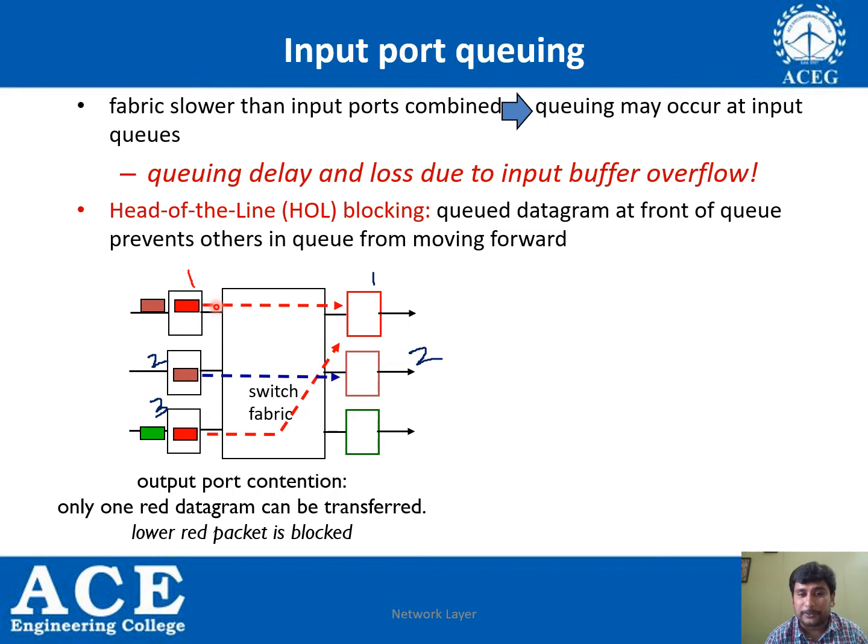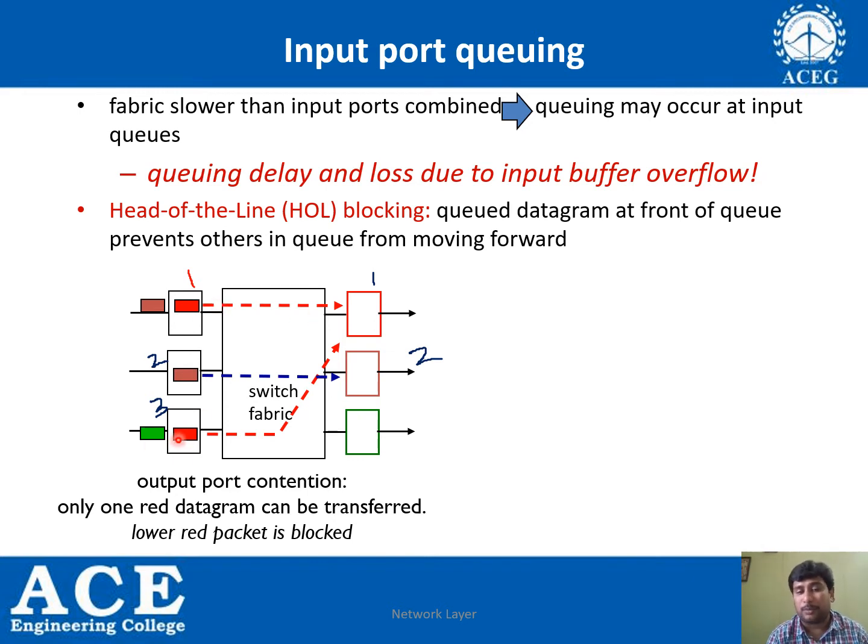So when the datagram at the top, the one indicated in red, is transmitted, the third input port's datagram, the lower red packet, is blocked because it can be sent only after the datagram of input port 1 has been transmitted.